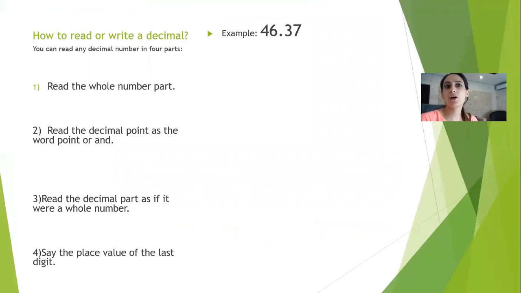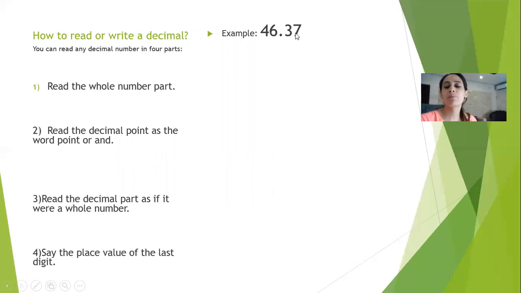Okay, how to read or write a decimal number? As I told you before, first of all, we read the whole part, 46. The second step is to read the decimal point as the word point or and. So we can say 46 point or 46 and. The third step is to read the decimal part as if it were a whole number. So read all of it together, the decimal part.